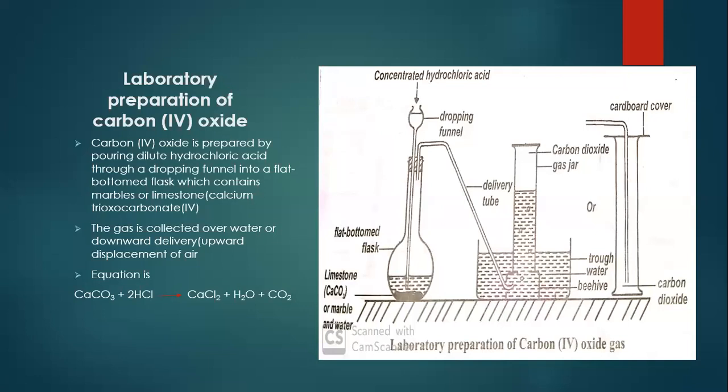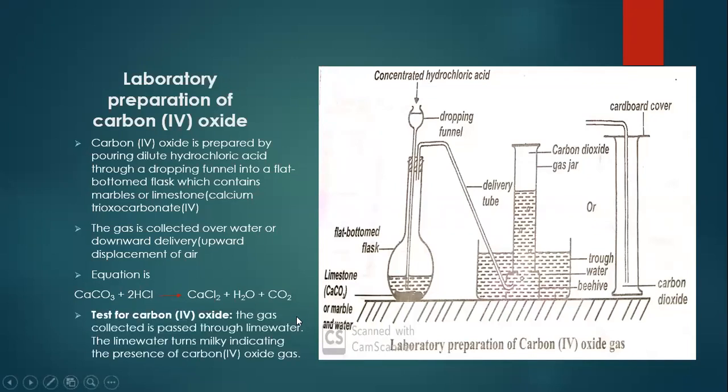But with this one, the gas is passed through lime water. The moment the lime water turns milky, it tells you the presence of carbon dioxide gas. So note these two important details.